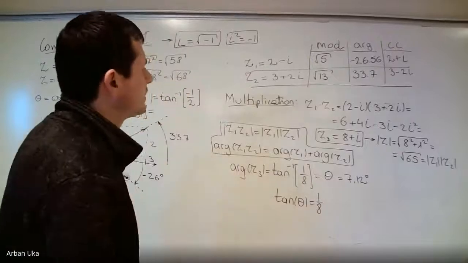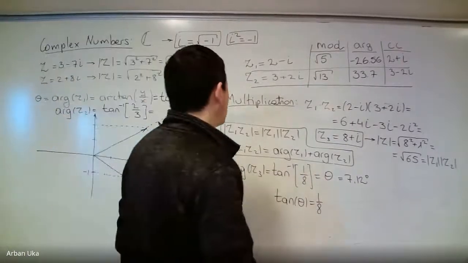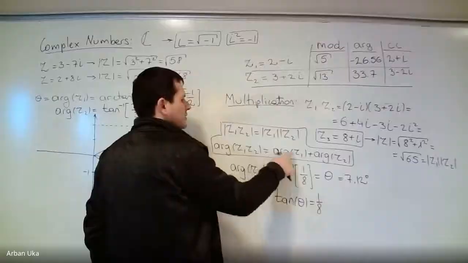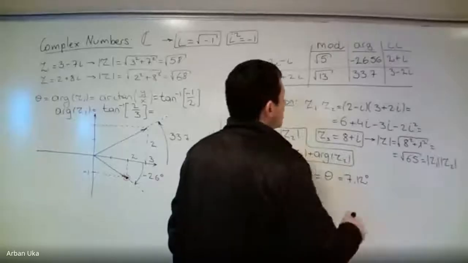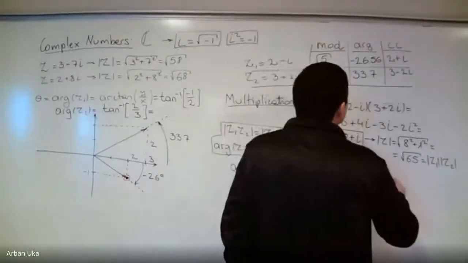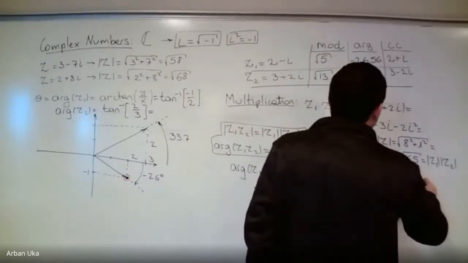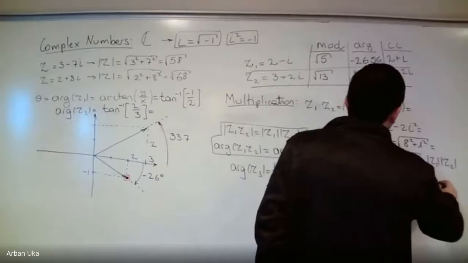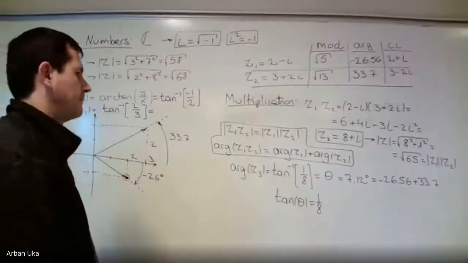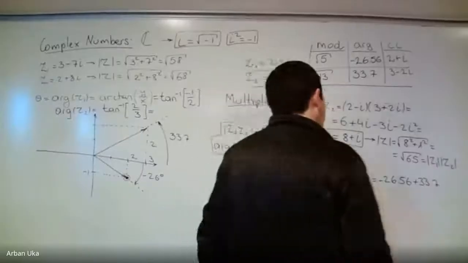And this 7.12 degrees, it's nearly the same. That's good. So apparently this is equal to minus 26.56 plus 33.7. They give 7.14, but approximately the same.